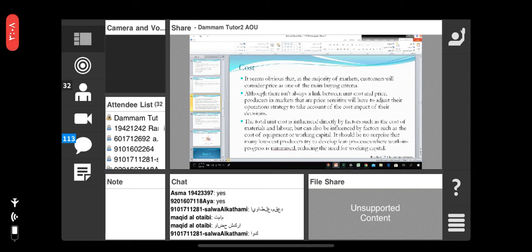Maybe the employee pay, maybe the condition of your manufacturers, maybe external factors sometimes, maybe ضرائب sometimes influence, tax sometimes influence the cost of your product.